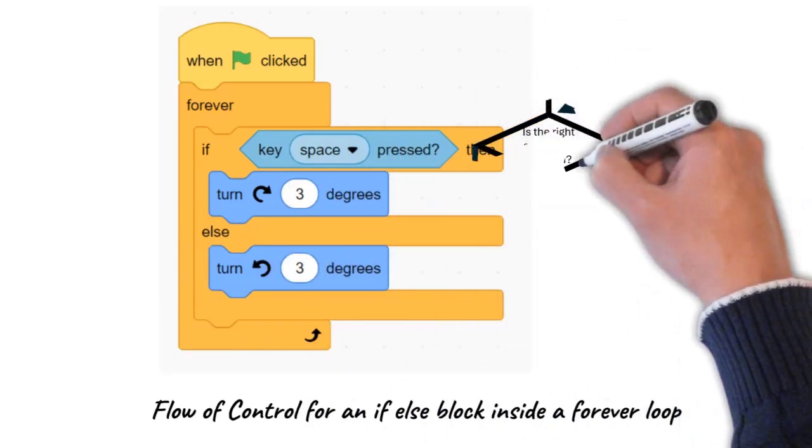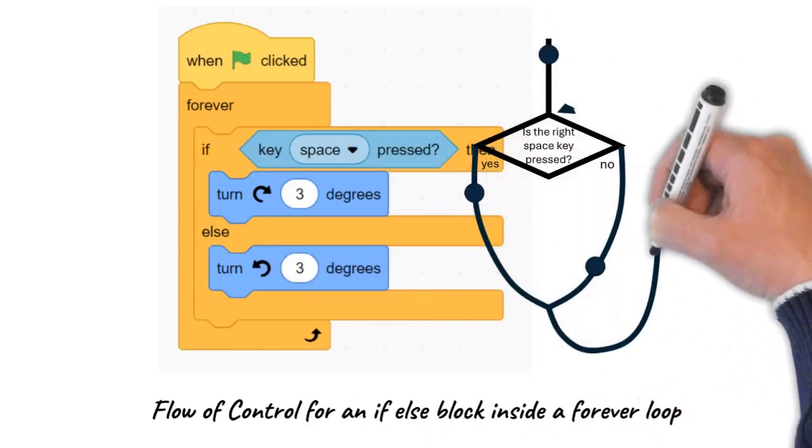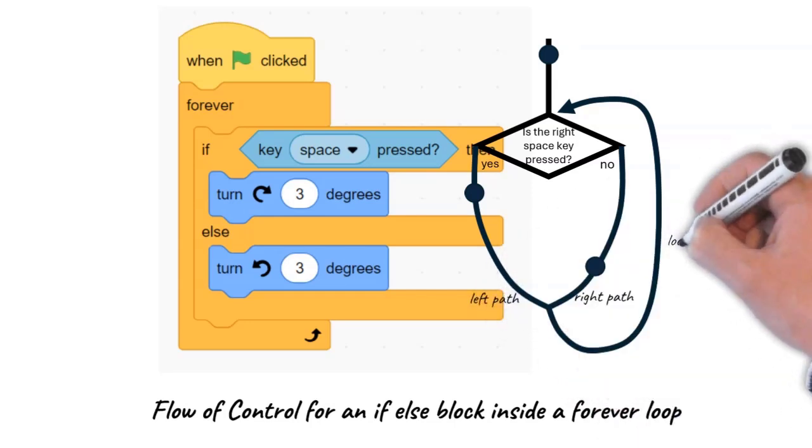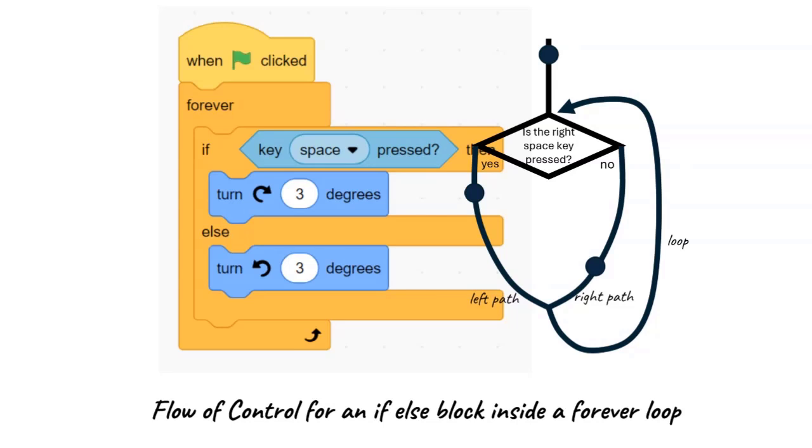Let's have a look at what happens when we look at an if-else block that's also inside a forever loop. So it operates in almost exactly the same way as our last example, except for the fact that this time, if the right arrow key is not being pressed and it goes down the no pathway, it still triggers some code.